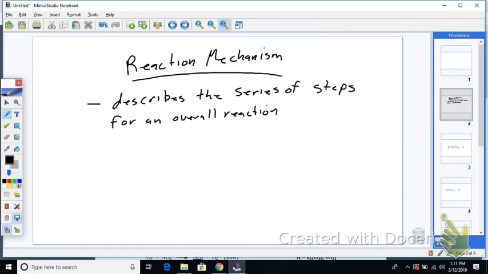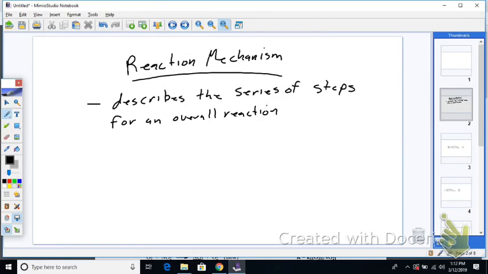Reactions involving collisions of 2 and 3, so 2 species. A bimolecular step is 2 different molecules or species hitting one another. Okay? And then termolecular, that doesn't happen. That's very, very rare. 3 hitting simultaneously.